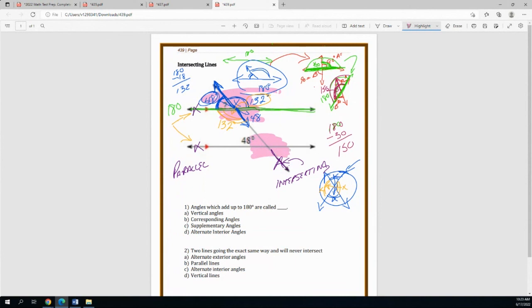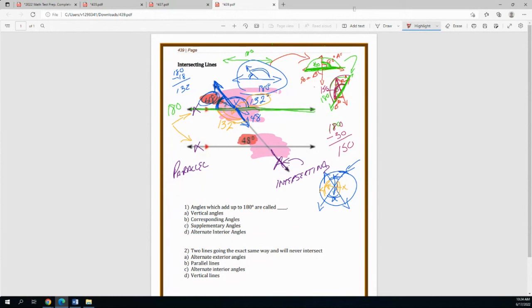And the reason is because parallel lines are exact replicas of each other. And when that intersecting line comes at a specific angle between them, as it is, it creates exact situations of angles. If I highlight this 48 right here, you'll notice that it's 48 right there.